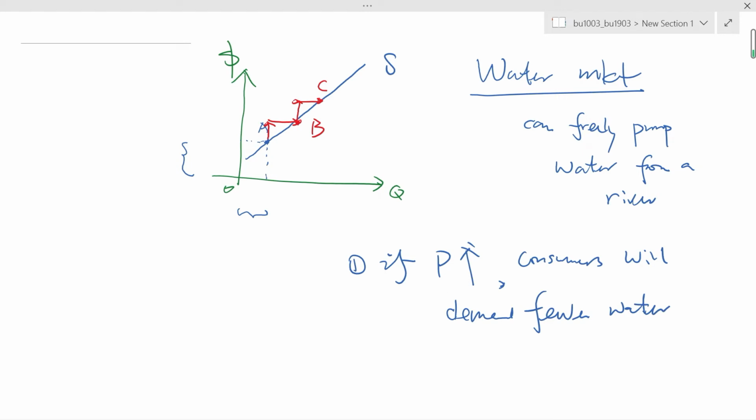Yes, this is correct. However, then you are thinking in terms of the consumption side. Here we are constructing the supply curve of water, so let's ignore consumption for a moment. In the end, if we put supply and demand together, we can analyze the market, but that's the next step.